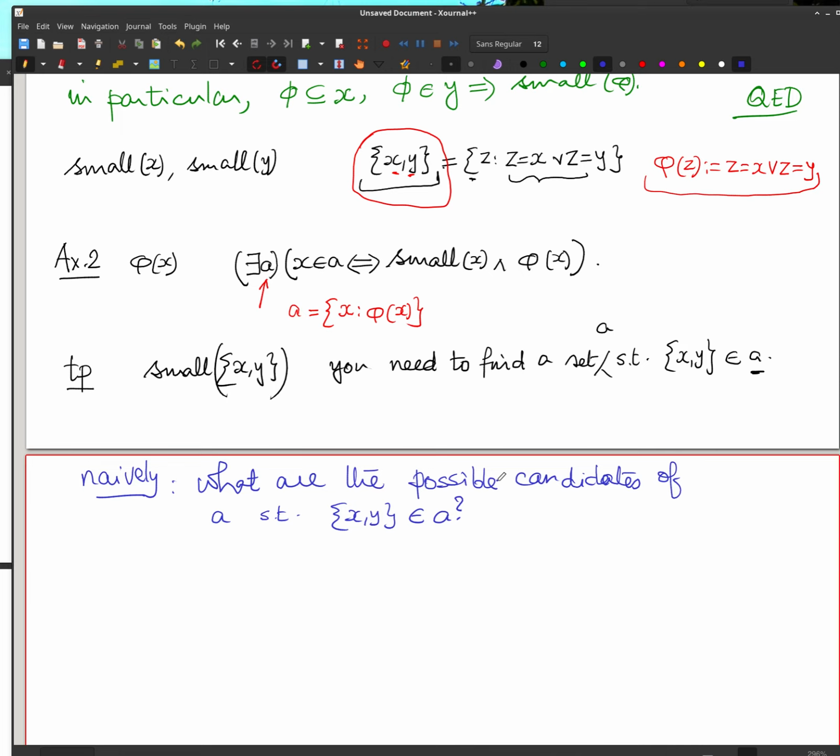Could you just put extra brackets around it? So make it the sets.